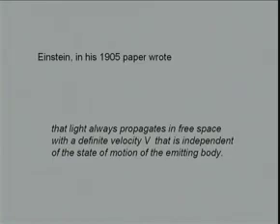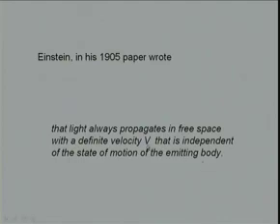Then what Einstein said in 1905 is that the light pulse will also move with the same velocity with respect to you who is standing on the platform. So, what he said in his 1905 paper was that light always propagates in free space with a definite velocity v that is independent of the state of motion of the emitting body.